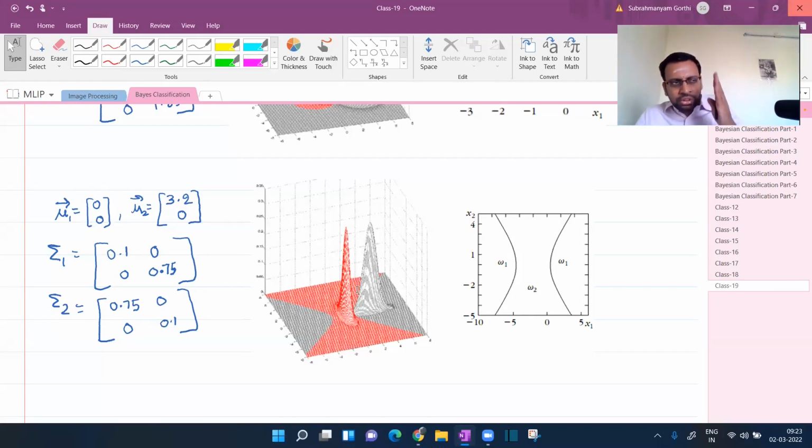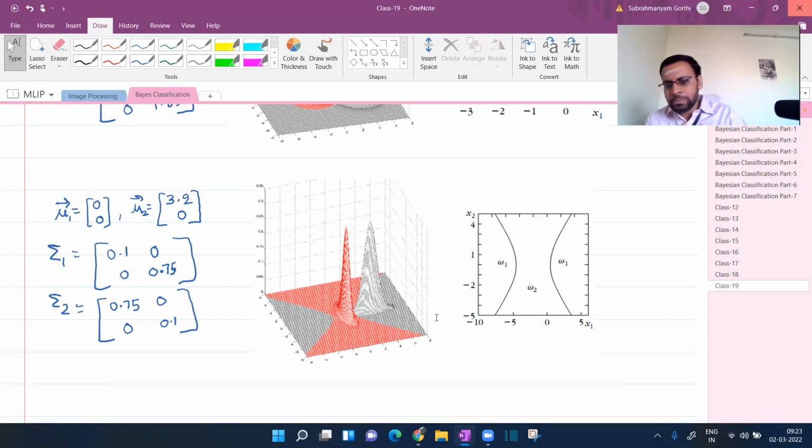Whenever the variance value is high, this is a nice simple trick they have done to demonstrate and create an example where you could see the hyperbola. This was the figure again from the textbook, the same example from the textbook.